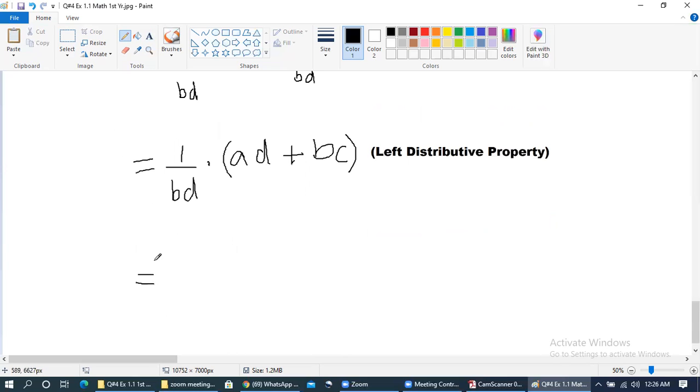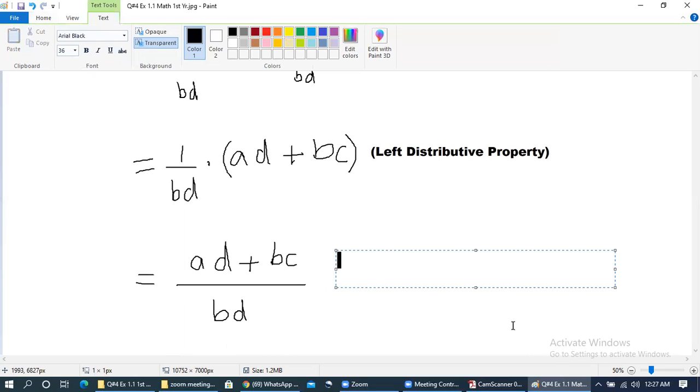Or since 1 is going to be multiplied with AD plus BC, whenever 1 is being multiplied, the same situation will arise, that the same whole thing can be written. So AD plus BC is left here because it has been multiplied to 1 and the result is the same. So AD plus BC over BD, this is your final result. And what property have you used?